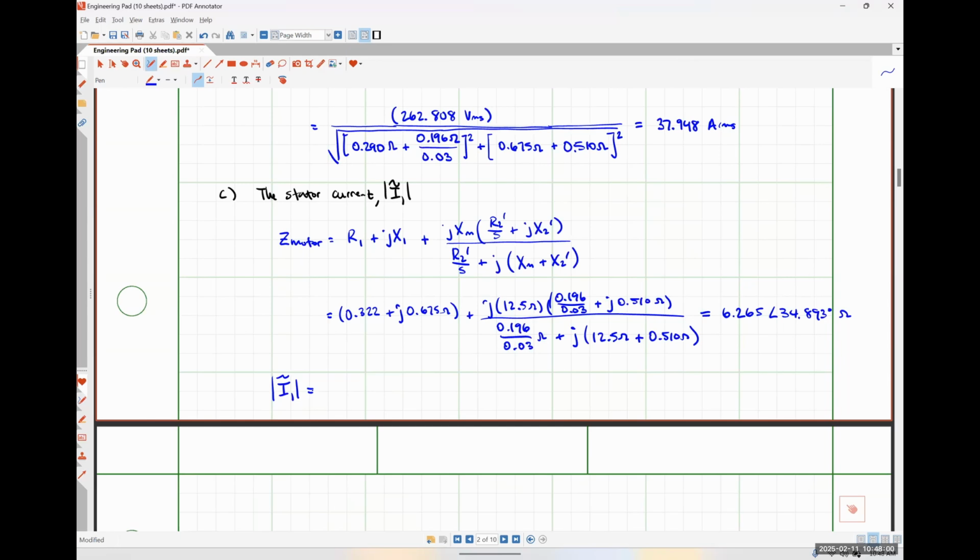So by that I mean my magnitude should just be the magnitude of my voltage divided by the magnitude of my impedance, and that will give me the magnitude of my current, which is what I'm interested in. So that would look like 277 volts RMS divided by 6.265 ohms.